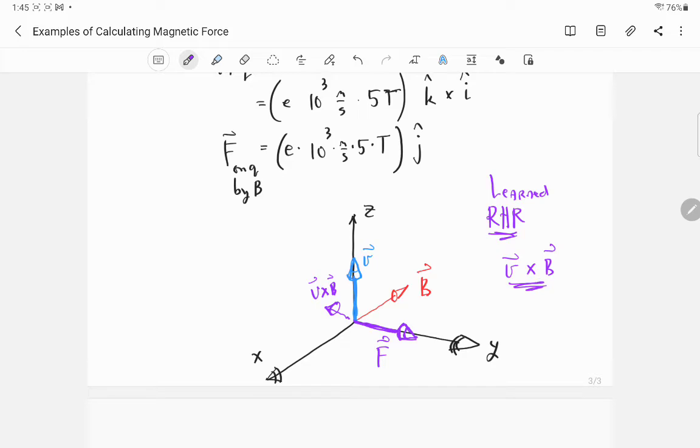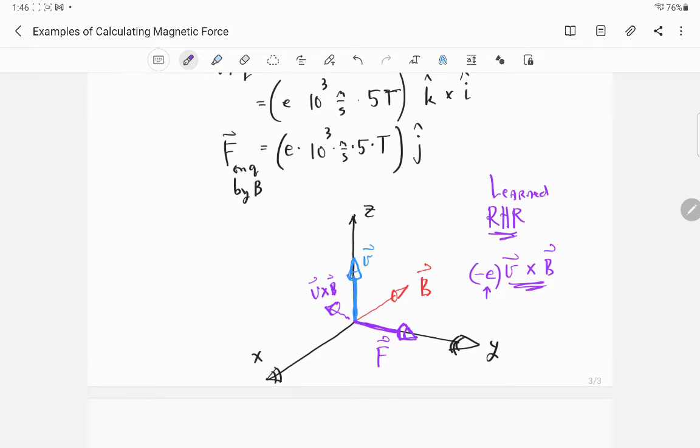The answer is because we multiplied by negative E, right? And the negative sign gives us the opposite direction. So V cross B with the right hand rule is actually going to point in the negative J hat, negative y-axis direction. But because we're talking about a negative charge, it feels the opposite direction force compared to a positive charge. So this is the force on a negative charge. It points backwards to the direction of V cross B.